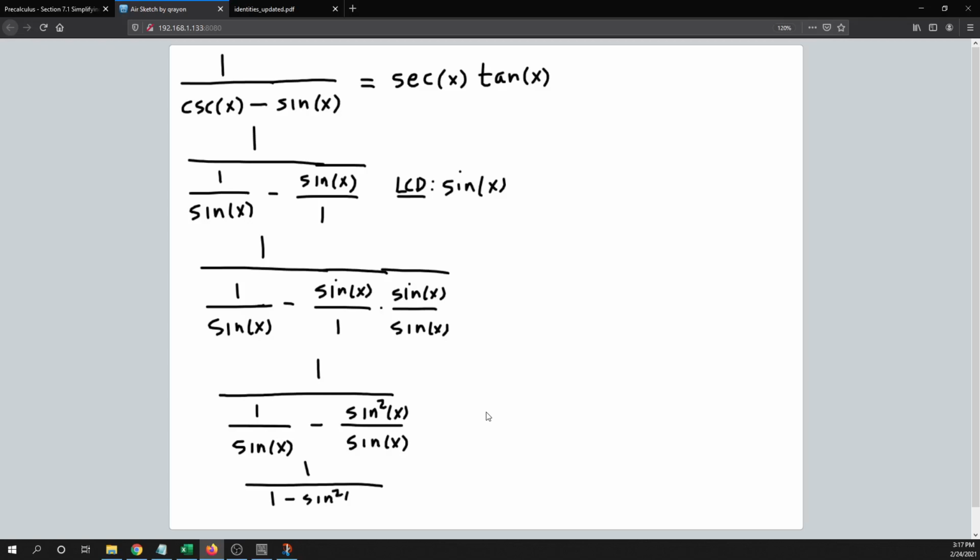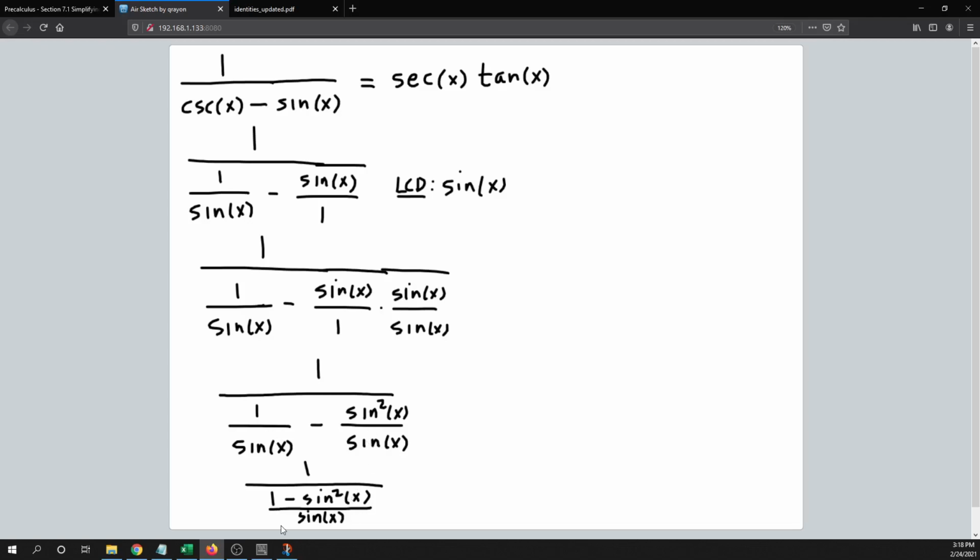So that's 1 minus sine squared x over sine x, okay? Because that's how you subtract two fractions: subtract the numerators, 1 minus sine squared x, and keep it over the common denominator, sine x.